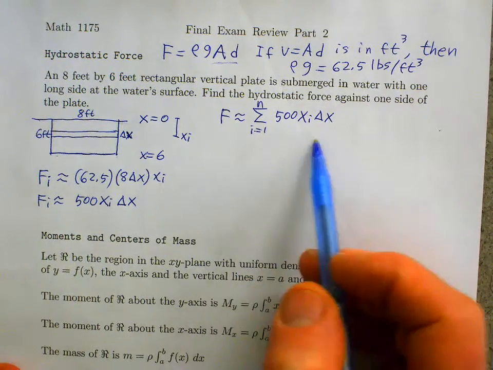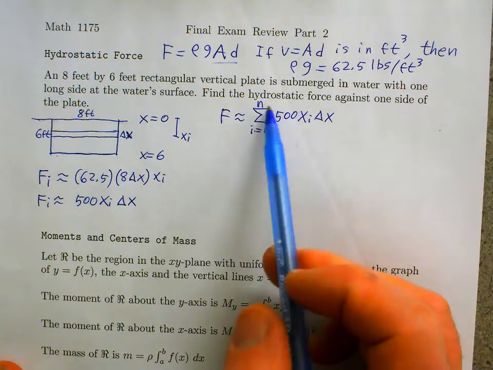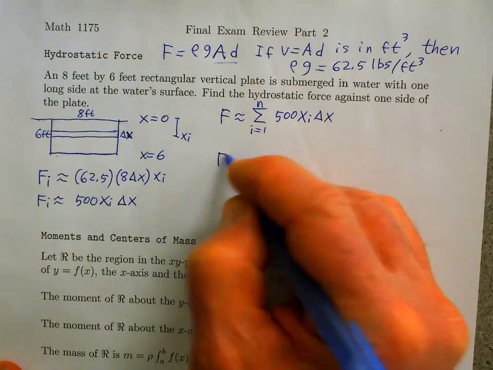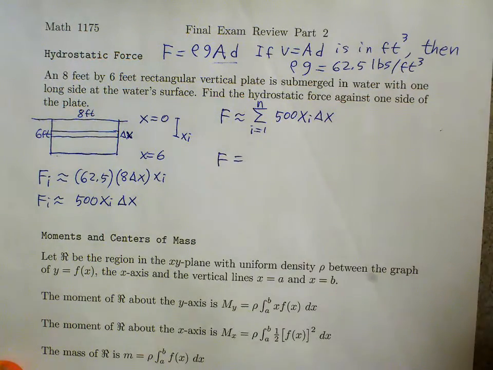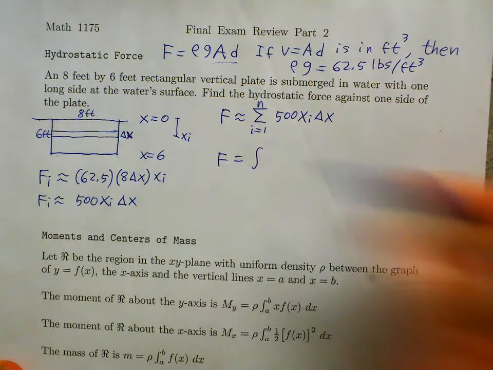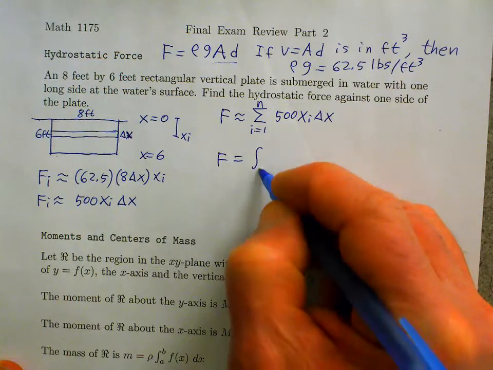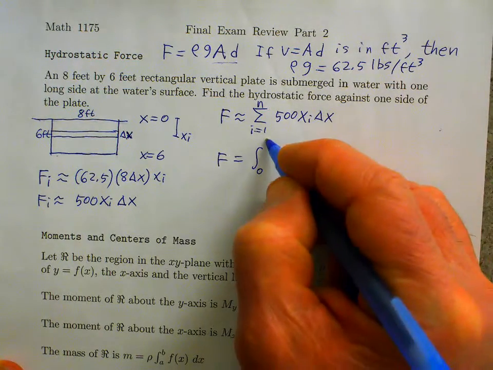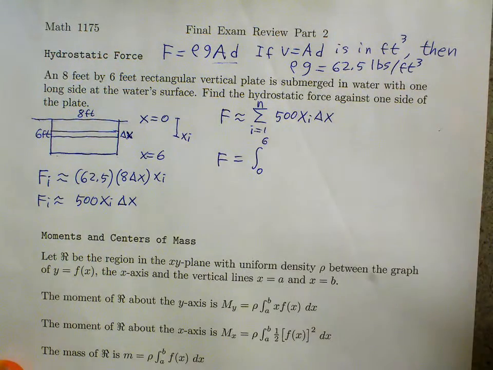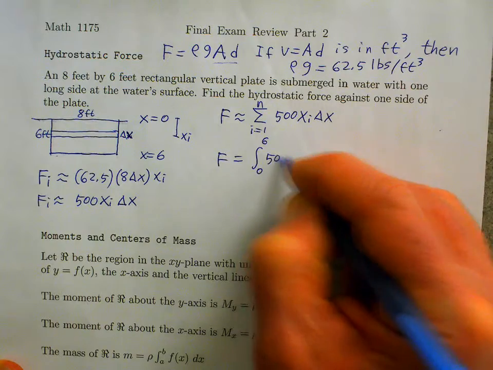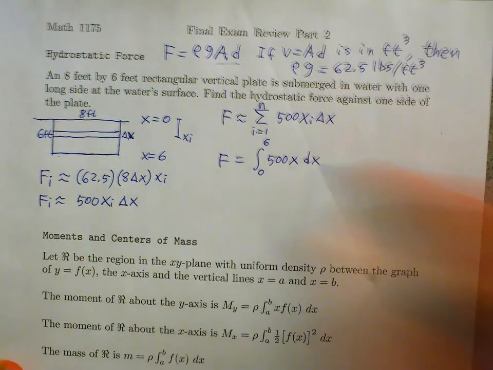This is a Riemann sum, so if you allow n to go to infinity, then this is just the definite integral from x equals 0 feet to x equals 6 feet of 500 times x dx.